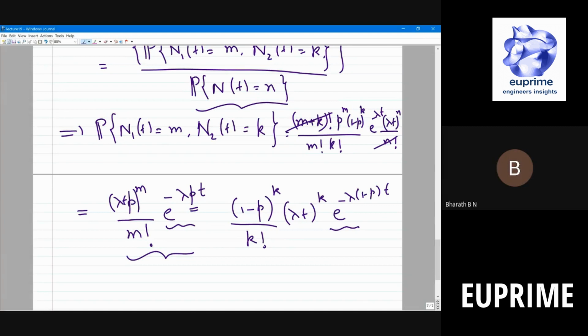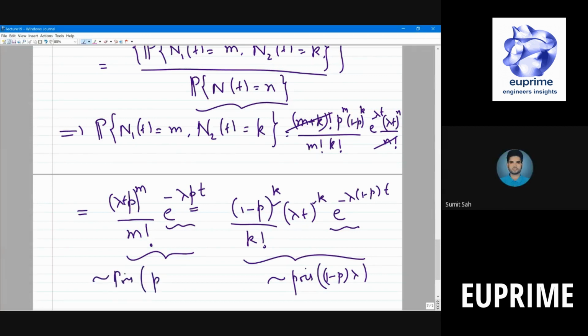This is a convex combination. So this is Poisson with rate 1 minus p times lambda. Similarly, this one is Poisson with lambda p. So these two are independent because the joint distribution is equal to the product.